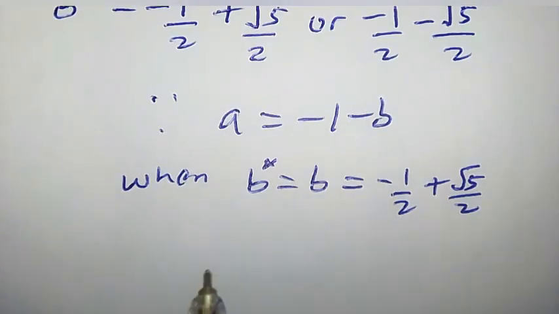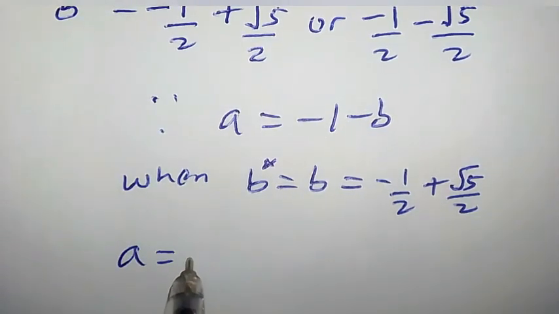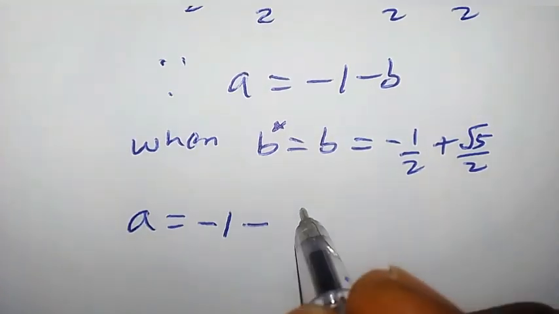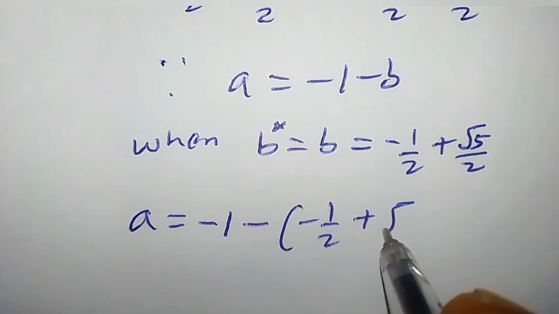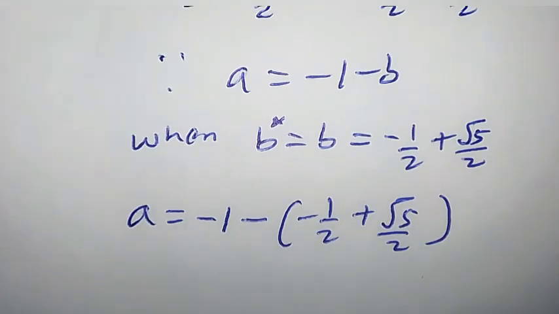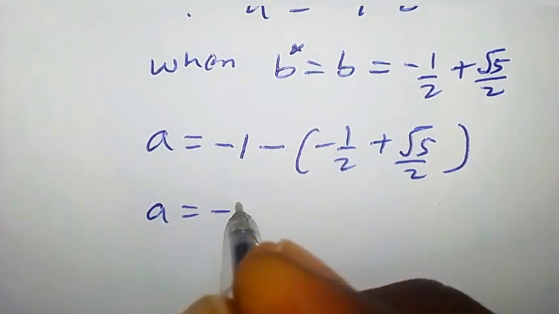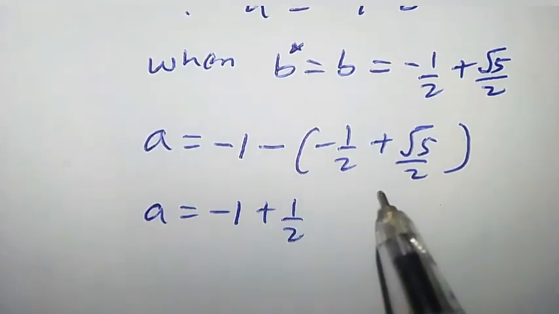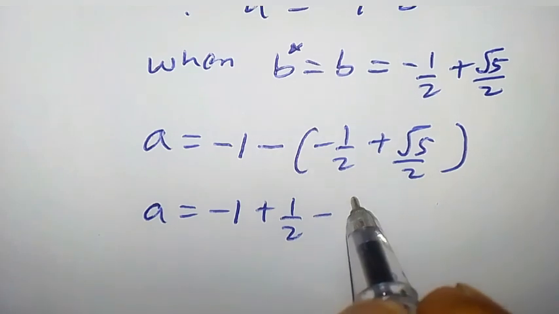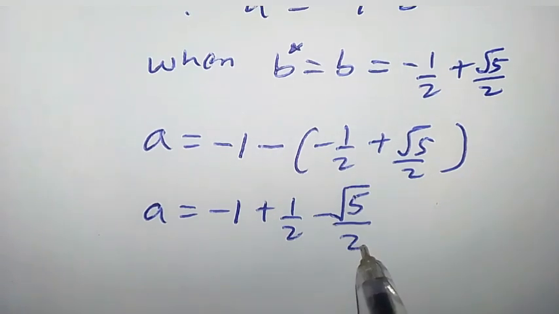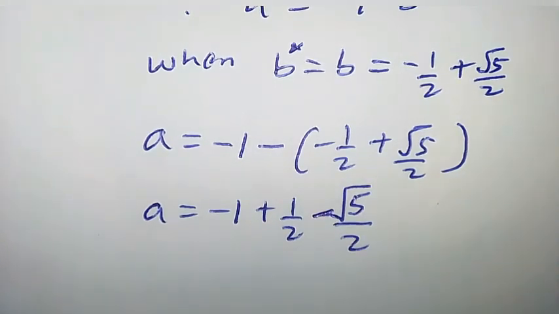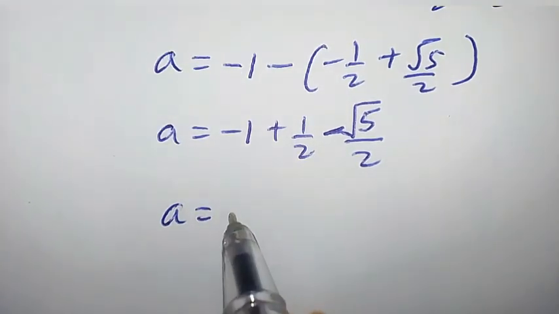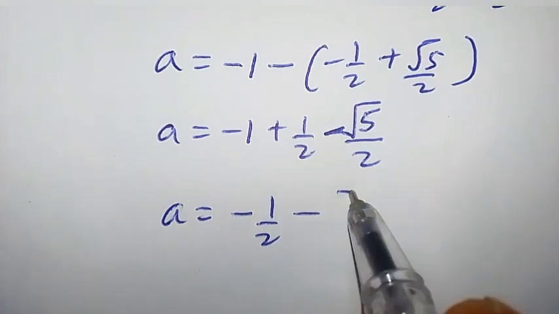From this line, we're going to have A equals to minus 1 minus, what is B now? This guy, minus half plus square root of 5 over 2. So A is equals to minus 1, minus times minus half, that is plus half, minus times square root of 5 over 2, that is negative square root of 5 over 2. A is equals to minus 1 plus half, that is minus half, minus square root of 5 over 2.